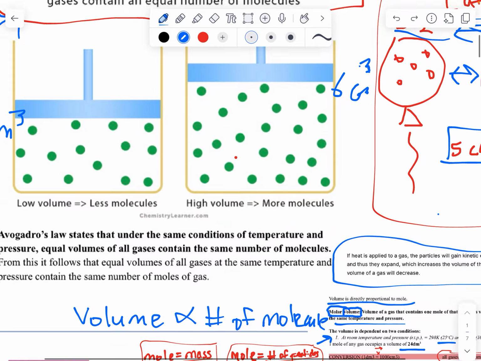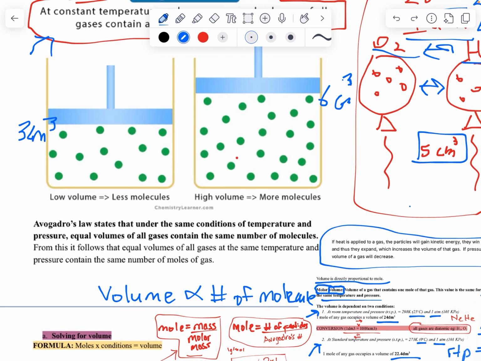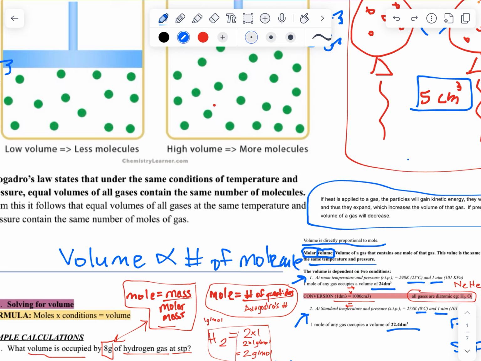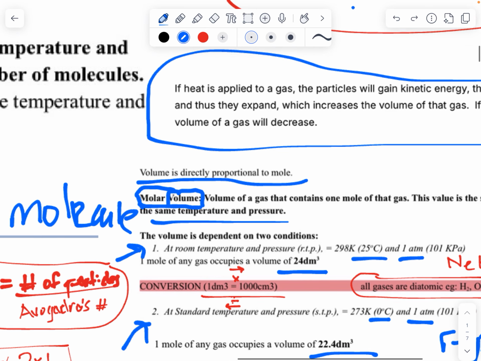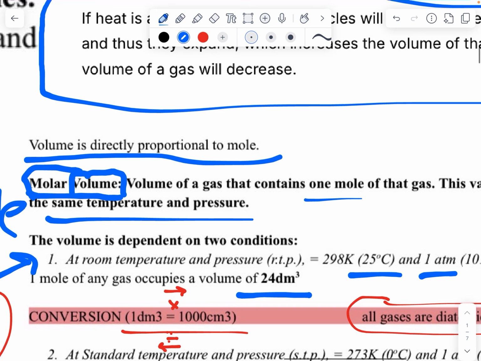And remember that as volume increases, the number of molecules will increase and the moles will also increase. As temperature increases, the volume will increase because those are directly proportional, right? Note once again that our molar volume is the volume of a gas that contains 1 mole of that gas.